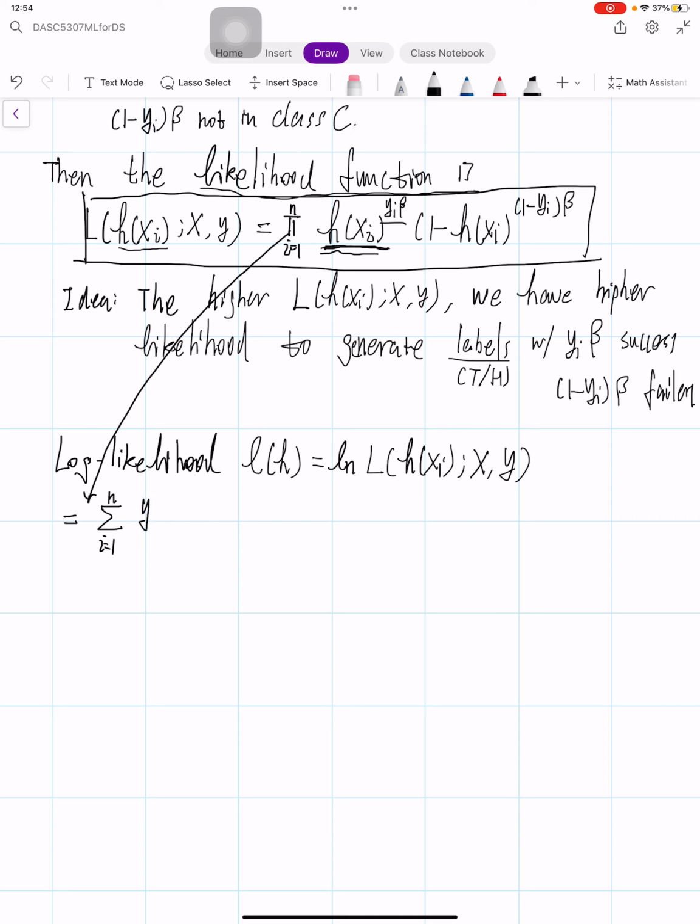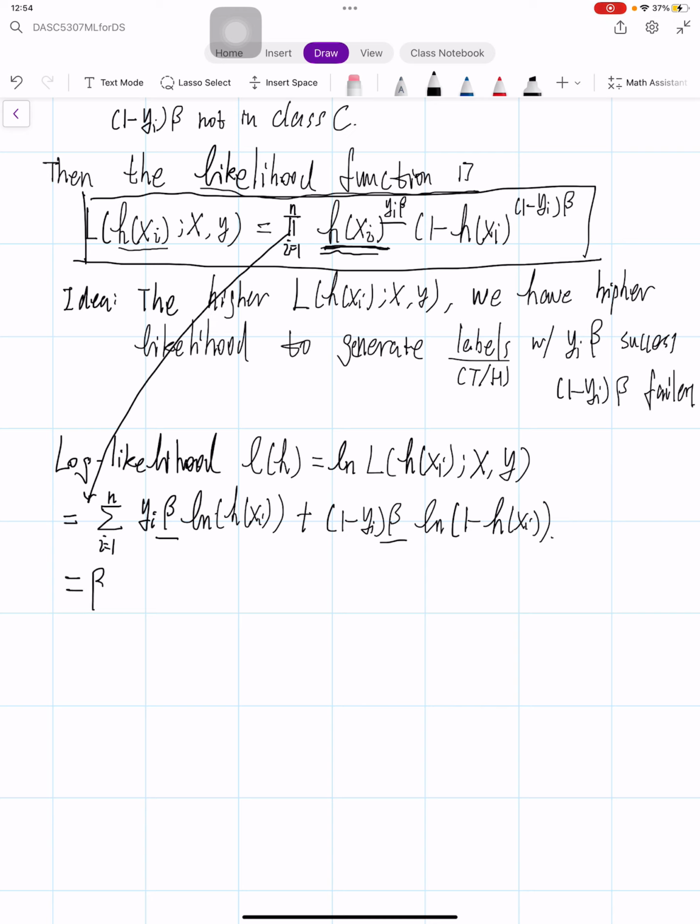So yi beta natural log h(xi), plus 1 minus yi beta natural log of 1 minus h(xi). Actually, this beta you can think of as a constant.